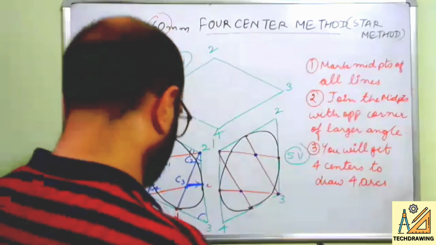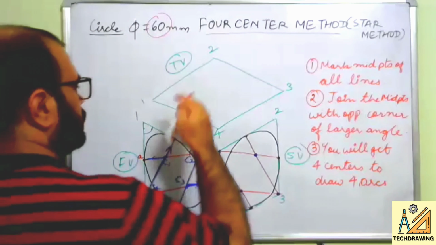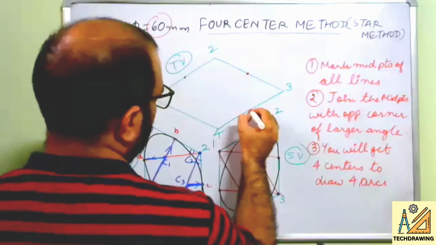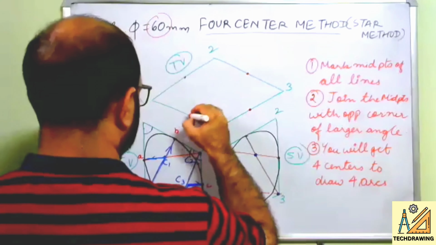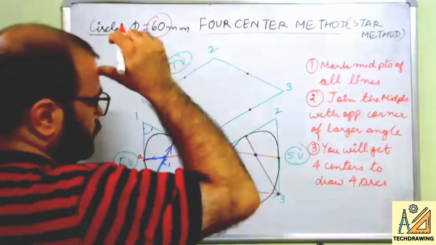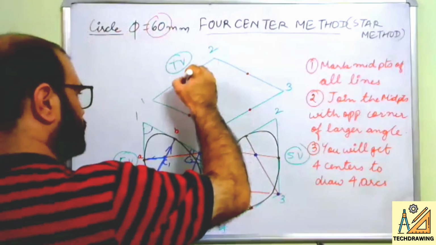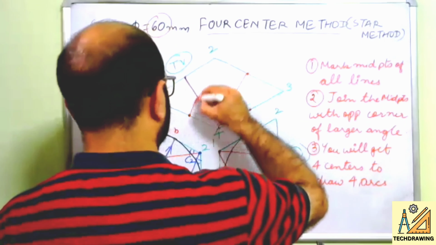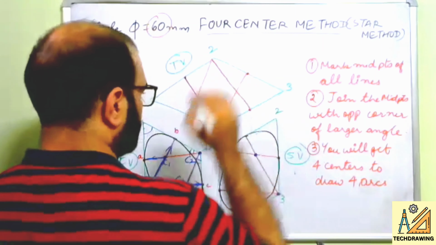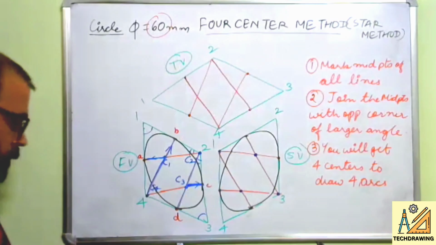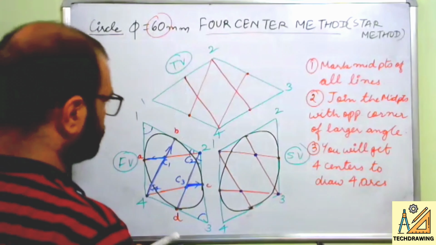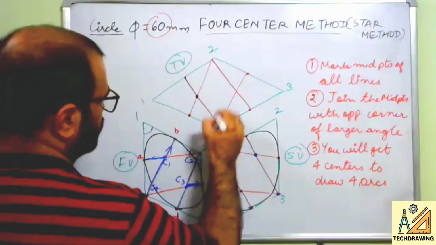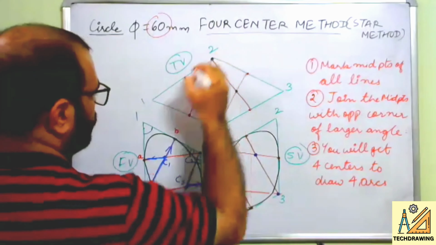Then again, first of all, mark the midpoints. Join them with the opposite corners with larger angle like this. So you have got 4 centers: 1, 2, 3, and 4.